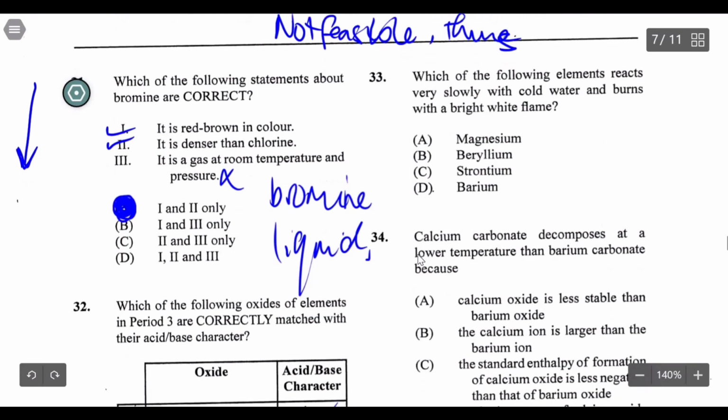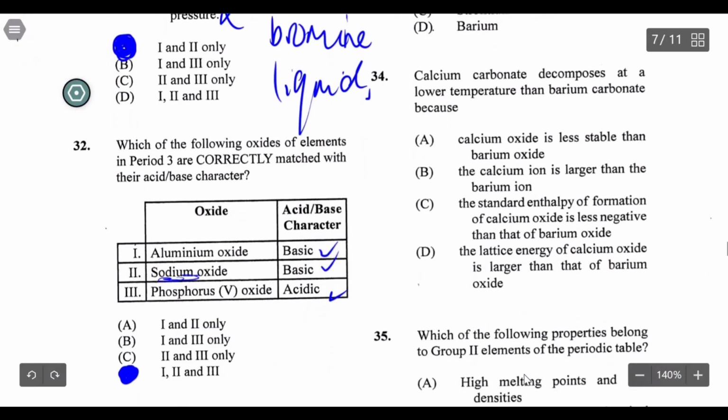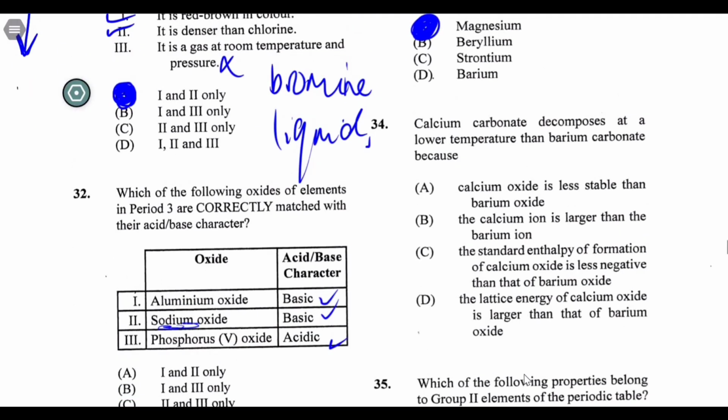Now 33. Which of the following elements reacts slowly with cold water and burns with a bright white flame? And that is magnesium. 34. Calcium carbonate decomposes at a lower temperature than barium carbonate because calcium oxide is less stable than barium oxide.